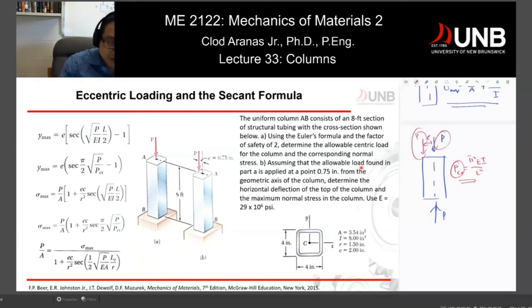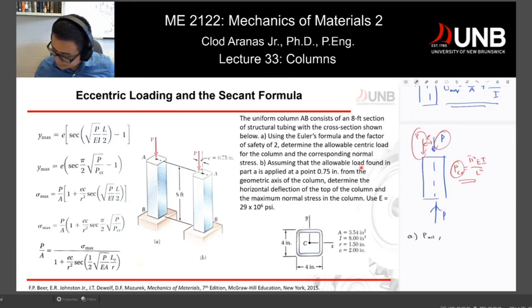For letter A, we want the allowable centric load, and the corresponding stress based on this P allowable.